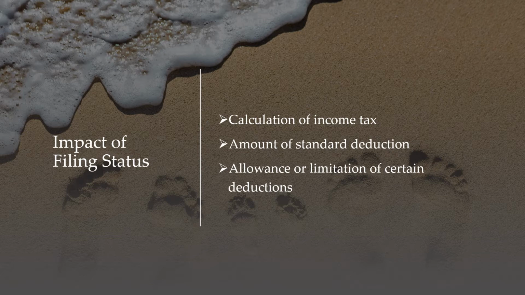Filing status affects the calculation of the income tax, the amount of the standard deduction, and whether a taxpayer can claim certain deductions or credits: if they can claim all of them, only some of them, or if they're completely disallowed.